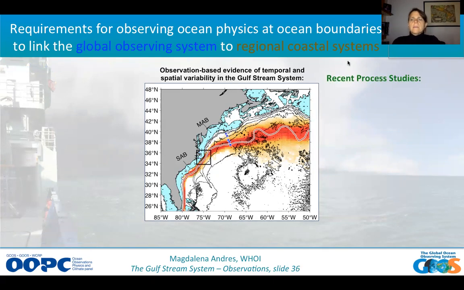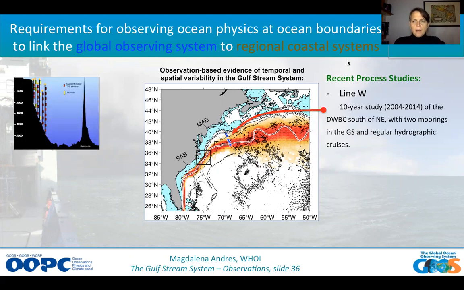In addition, there have been some recent process studies in the area. Line W was a 10-year study from 2004 to 2014 of the deep western boundary current south of New England, with 2 moorings falling within the Gulf Stream, and then regular hydrographic cruises across the Gulf Stream.